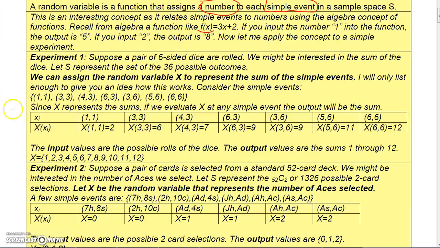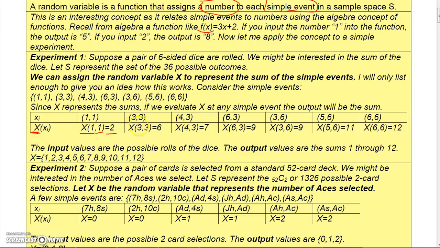So consider these simple events: (1,1), (3,3), (4,3), (6,3), and so forth. Well, if we plug in (1,1), since we already said verbally our random variable represents the sum of the dice, then if we roll this simple event (1,1), the output would be their sum, 2.